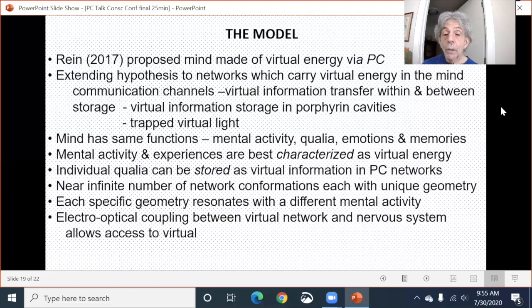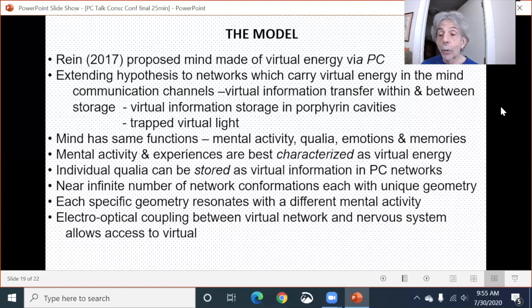So since these networks can take on unique geometries, and there's probably an infinite number of these geometries, it seems reasonable to propose that the mental activities and experiences can actually be stored in the physical conformation of a network.